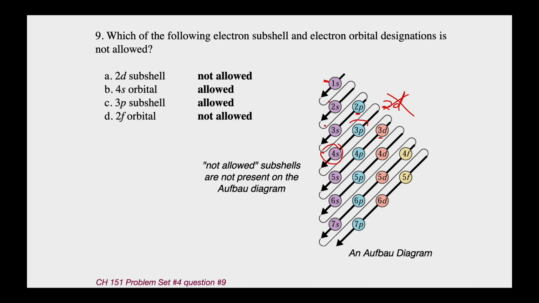There's also a 3p, so that's okay. But the f's you see don't start until 4. So there's no 3f or 2f. Those would all be disallowed combinations. So you can use an Aufbau to figure out which ones are not allowed. If it's not in that diagram, not going to happen. So I do recommend using an Aufbau diagram to do these kind of things.